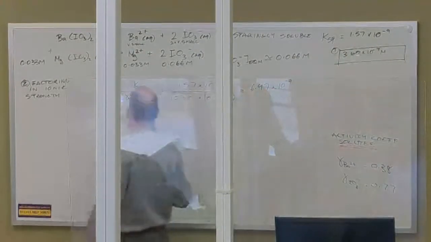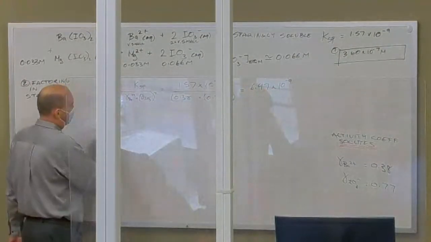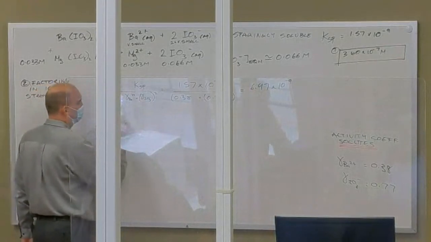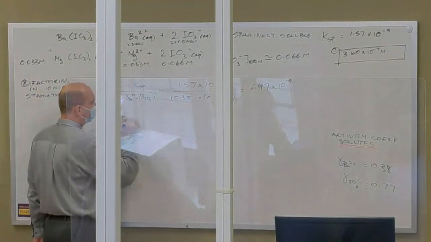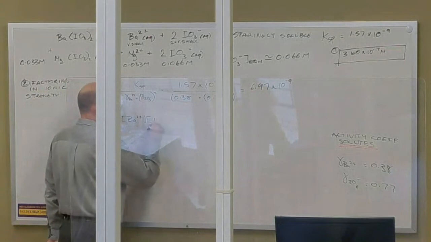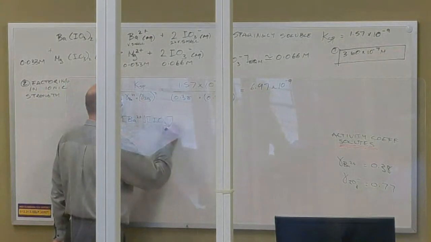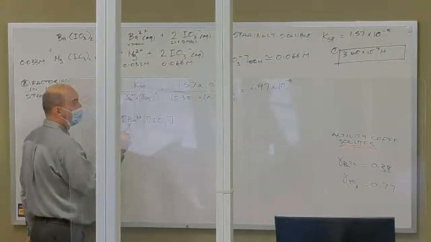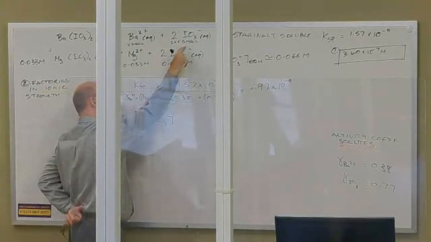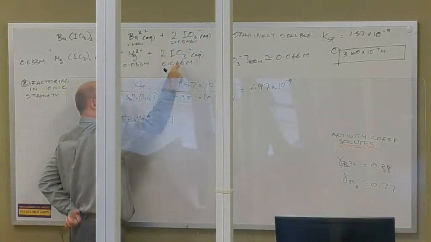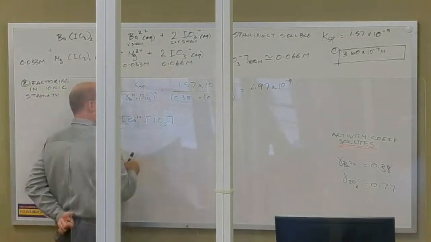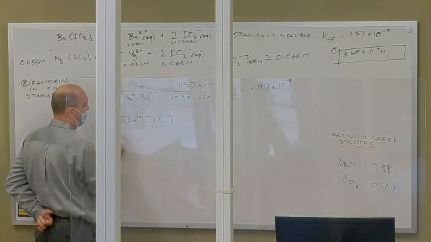Okay, let's see what effect that has. KSP equals barium 2 plus iodate, right? And we're still going to have this. The amount of iodate that went into solution because of the barium is puny in comparison to the iodate that went into the solution because of the magnesium.